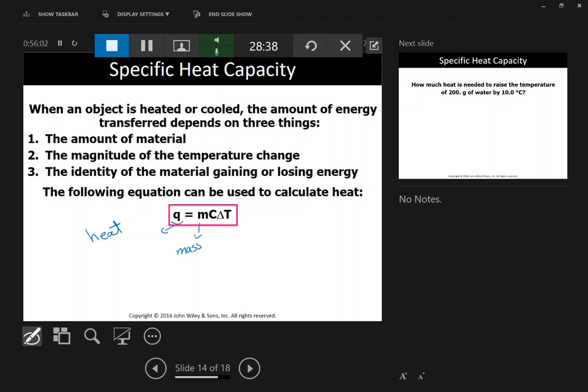Now this C represents the specific heat. Meaning that the amount of heat involved in a process depends on the type of the material, the identity of your material.